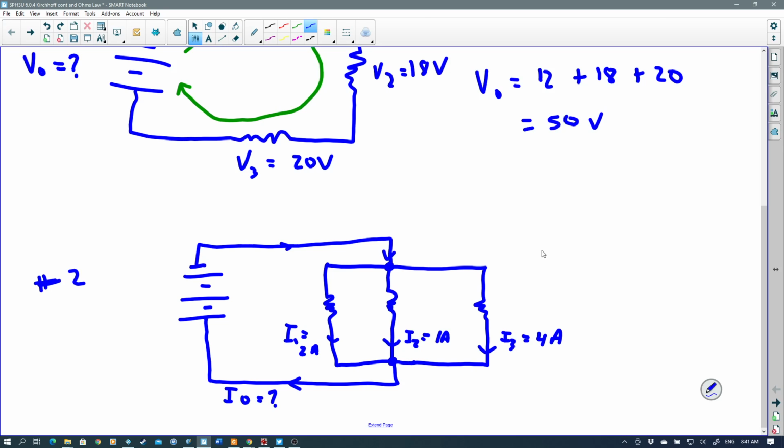So we would write that I0 is equal to I1 plus I2 plus I3, and that gives us 2 amps plus 1 amp plus 4 amps. 3 plus 4 is 7 amps in total. So that's basically how Kirchhoff's voltage and current law works.